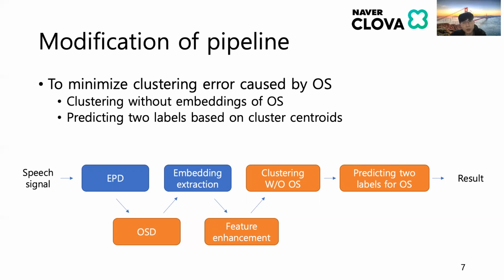Then for each overlapped segment, we predict two labels based on centroids of clusters. For example, we find the top two centroids with high similarity and assign the corresponding labels for each embedding of overlapped speech.